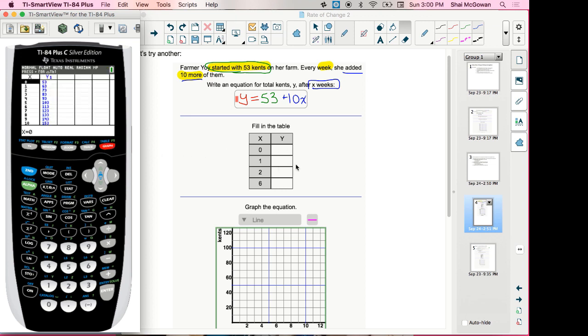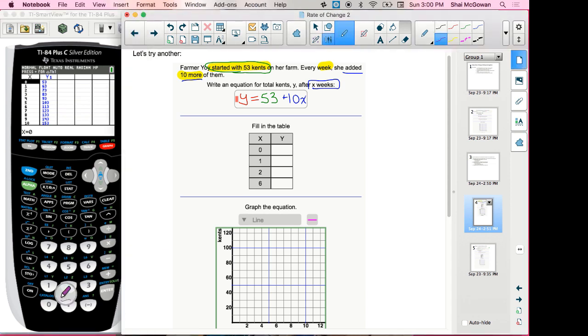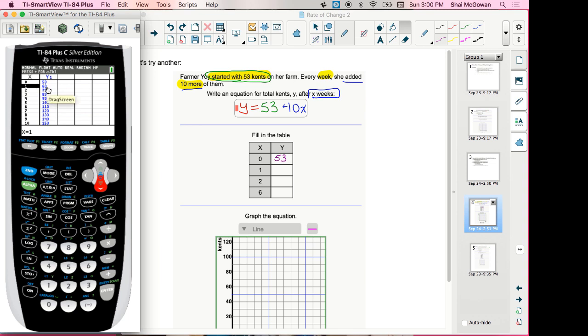And now our table, we have to do 0, 1, 2, and 6. So we're just going to copy from our table. We see that, we should know this because we're starting at it. We see that 0 is 53. And 1, going down to 1 is 63. And 2 is 73.